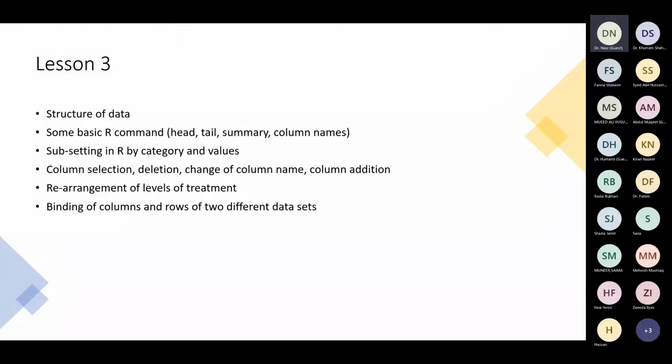But usually we check different types of varieties, cultivars, landraces, for example, and we just check their performance irrespective of applying any fertilizer or something like that. We only want to check genetically which one is superior.